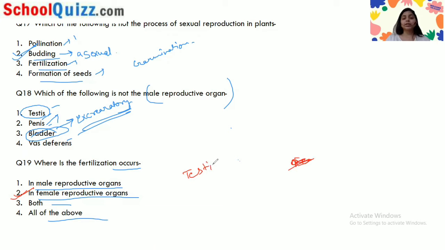The sperm is formed in the testes, and the egg is released in the fallopian tube in the female, okay. But the sperm goes to the female part, and that's where the egg is fertilized. So the fertilization mainly occurs in the female body. Okay.